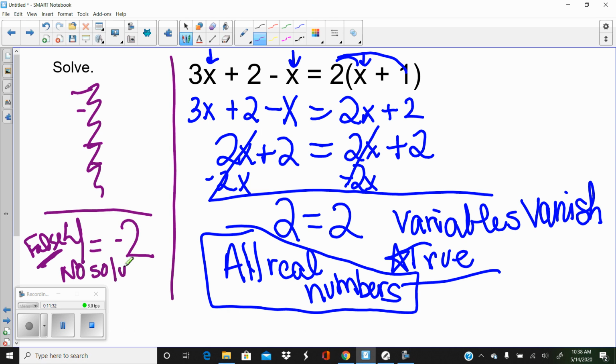There is no possible number that would make the equation we started with true. So it's just a little review on solving equations, some no solution, all real numbers solution, and all that good stuff.